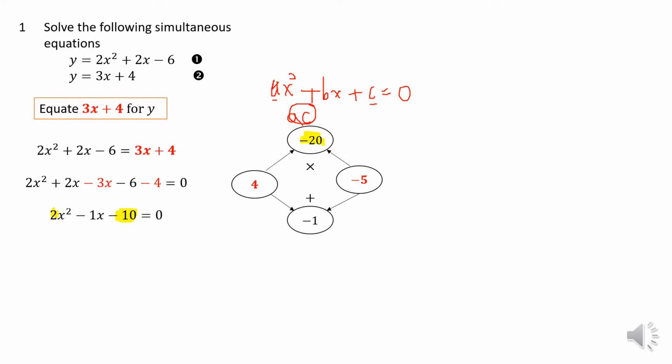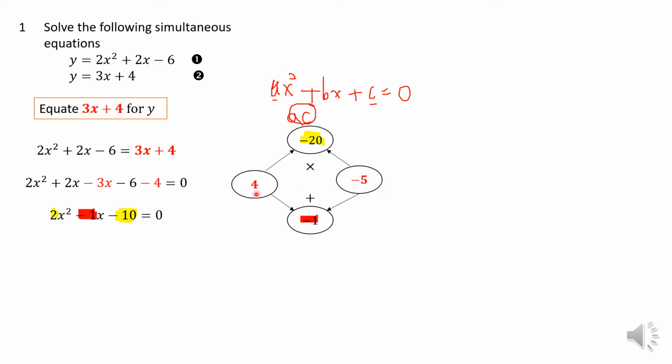And now what we are doing also is we are going to then find two values. If you add them, they should give you the value of negative 1. So we're going to look for two numbers such that when you add them, they give you negative 1. And those numbers happen to be 4 and negative 5.